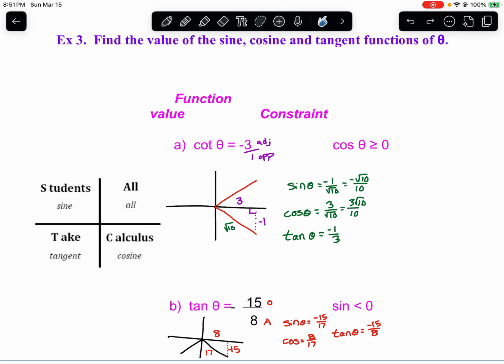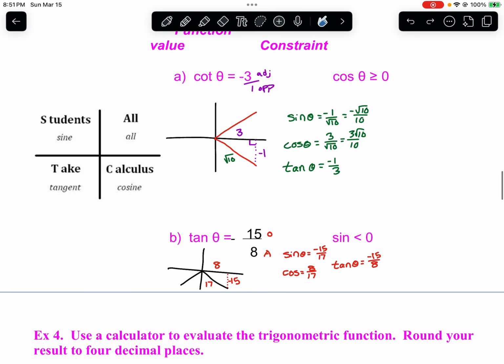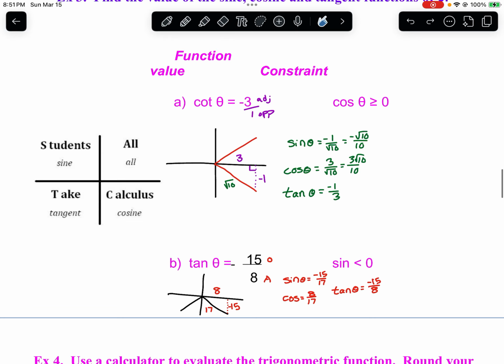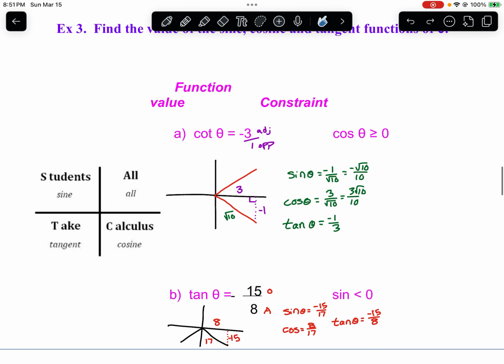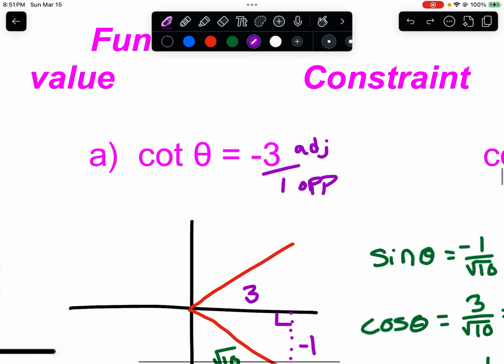The last thing we have for today: we kind of did something like this a little bit before. Say we were given one of our trig functions and a value for it.